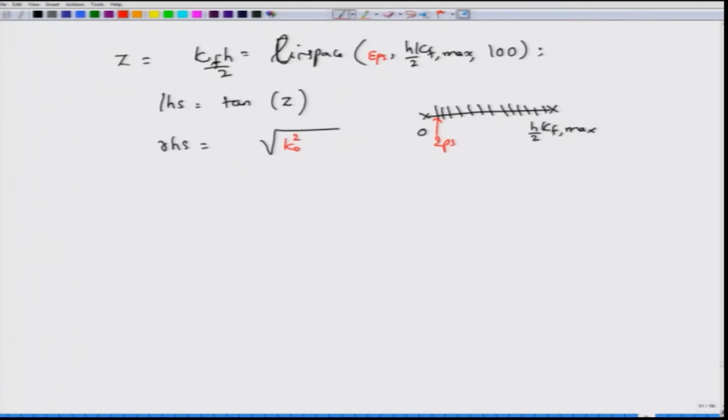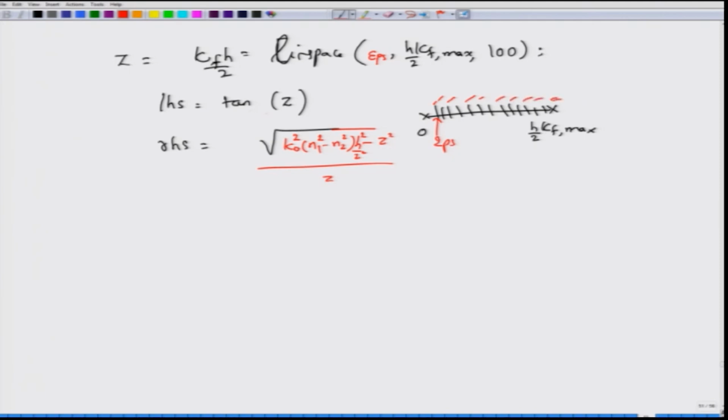And once you have found that, you can write down whatever you had. For example, write down the right hand side: k0 square times n1 square minus n2 square, minus z square, then h by 2 square, divided by z. And z is the array that contains these values. These are the different values of kappa f h by 2, which is your independent variable.